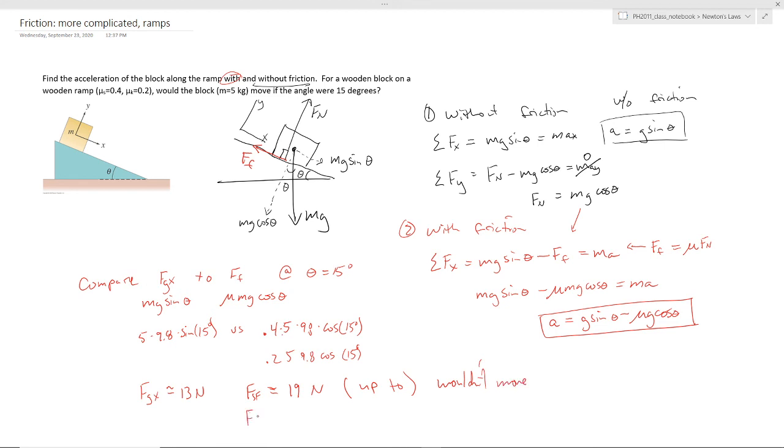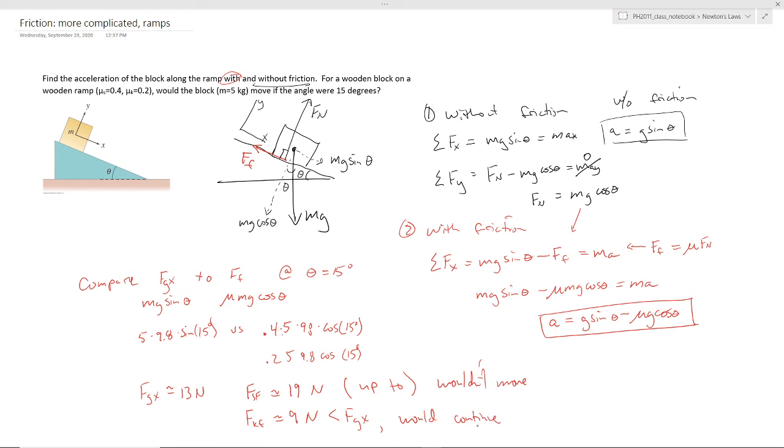Now, the force of kinetic friction, on the other hand, is only about 9 newtons. So that means if this thing was moving, the force of kinetic friction would only be 9 newtons. Now notice this is less than the force of gravity. So if you gave it a push to get it started, it would continue to move.